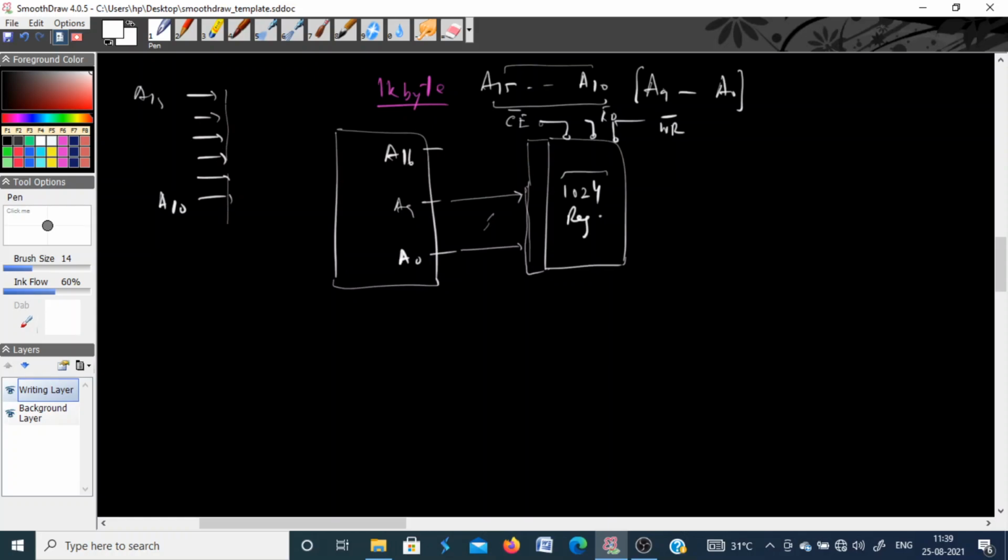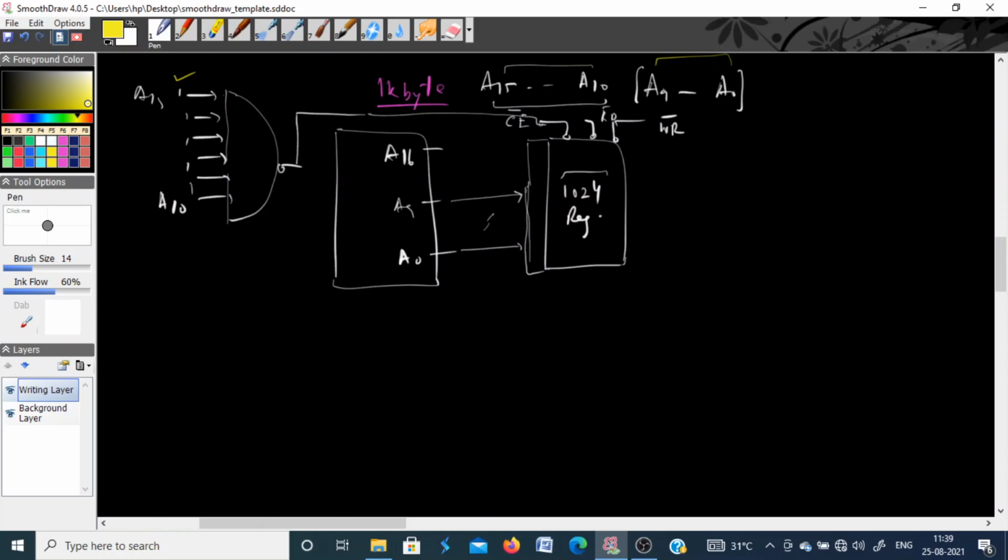If you simply connect them with a NAND gate, and the output of this NAND gate is now used to select this chip. So this chip will be selected when all these inputs are at logic 1. Okay, it means you have to permanently tie these pins to plus VCC, apply VCC plus 5 volt. Okay, and of course these 10 bits, so they can go from 0000 to 1111, any address.